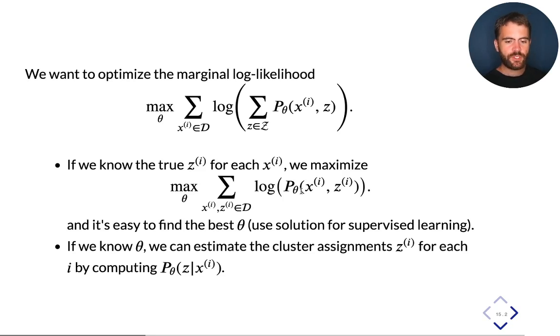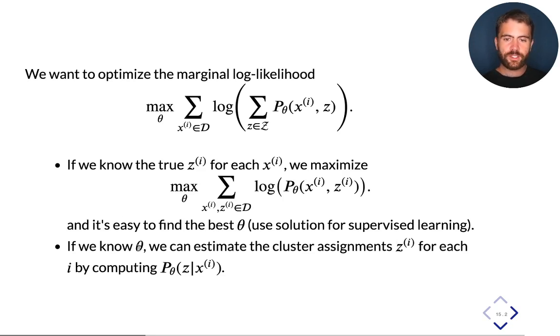The next observation is that if we know theta, well, we can also compute cluster assignments by looking at this probability. So the probability of z given x gives us a guess for what the cluster assignments might be. And so the idea of expectation maximization is to repeatedly alternate these two steps.